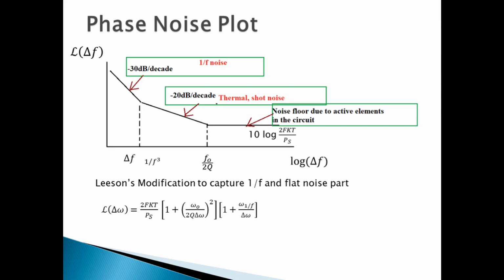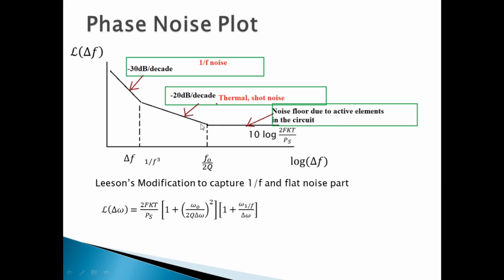So here is the phase noise plot. If you have an LC oscillator and you zoom in very close to the carrier, it is here. The phase noise plot has several regions. In one region very close to the carrier, you will find the slope of the phase noise is around minus 30 dB per decade. Leeson's phase model at mid-band predicts minus 20 dB per decade.